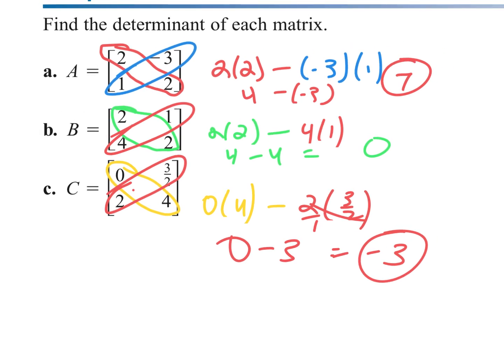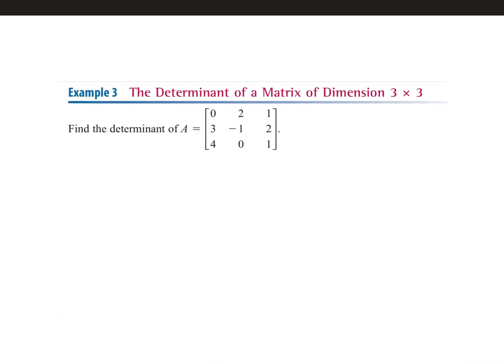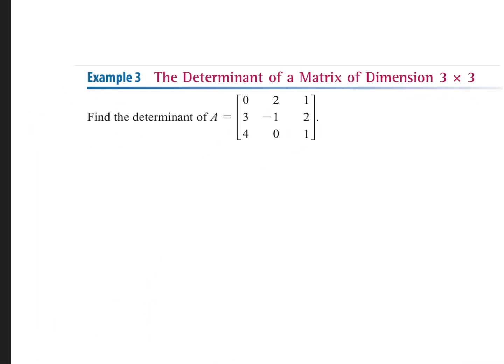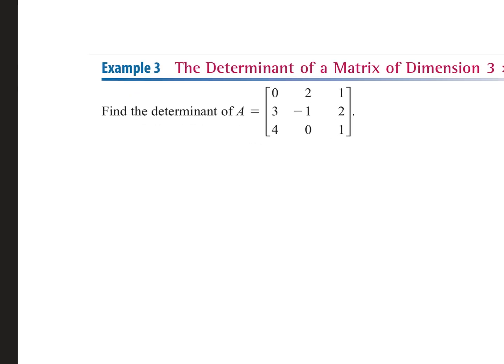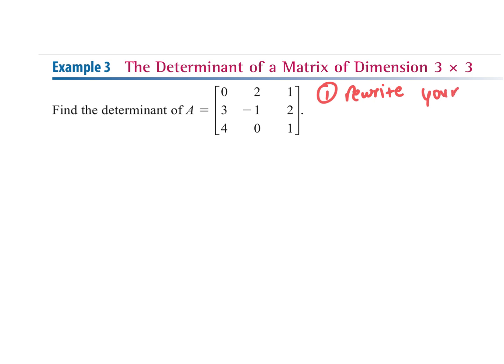Your determinant value can be positive, it can be negative, and it can be 0. So now we come up and it says to find the determinant of a 3 by 3. This is a little bit different. The first step is to rewrite your matrix.